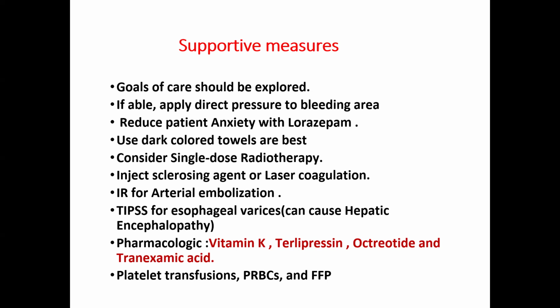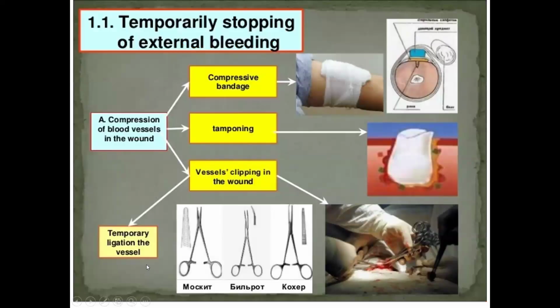Pharmacologic: vitamin K, terlipressin. Terlipressin is a very important drug, and it's available in Europe, not in the United States. In the United States, they use octreotide and tranexamic acid. Of course, blood transfusions and FFP and platelet transfusions. All right? So this is how you stop the outside bleeding.